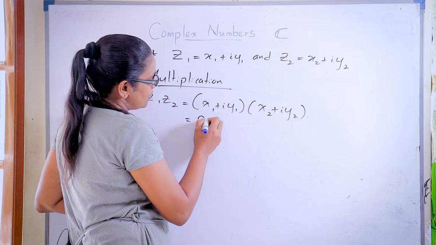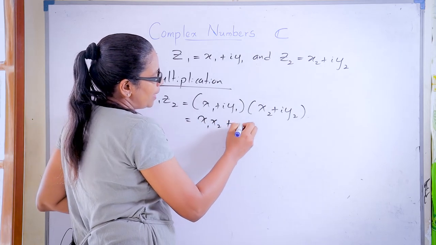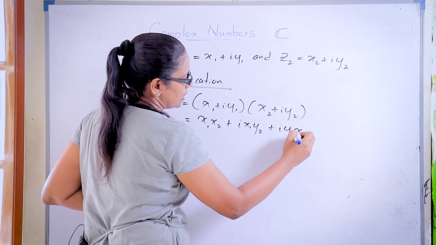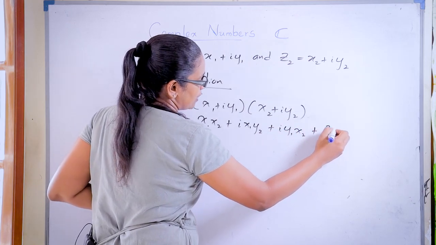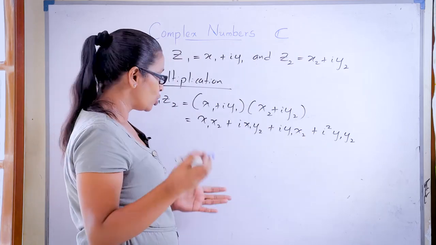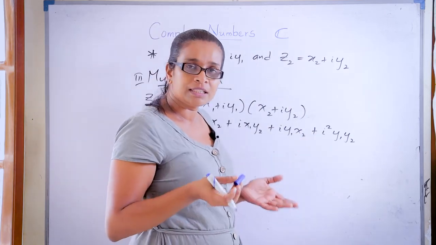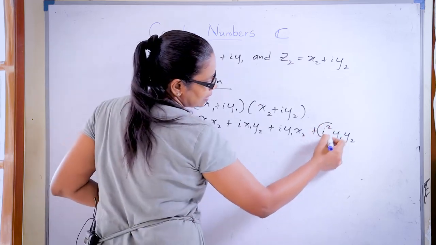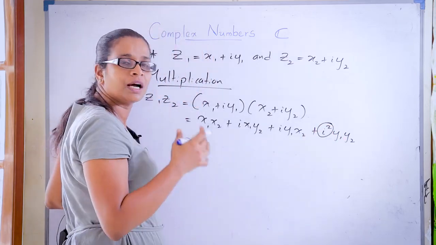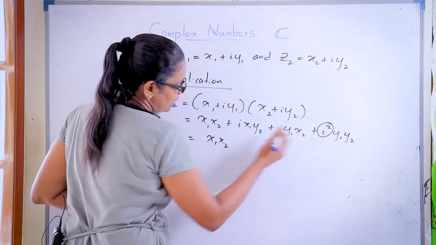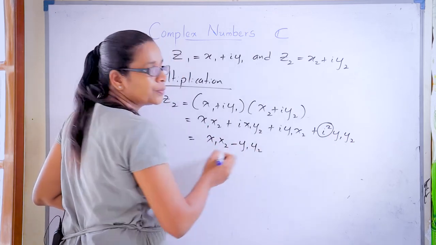So, x1 x2 plus i x1 y2 plus i y1 x2 plus i squared y1 y2. As you know, i squared equals minus 1. I explained it. For i squared, I am going to substitute minus 1. Then you can write down x1 x2 minus y1 y2.